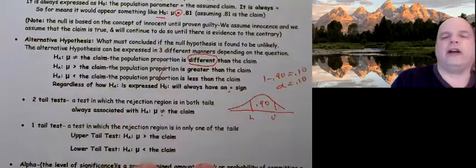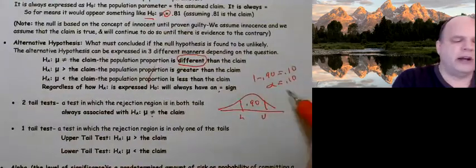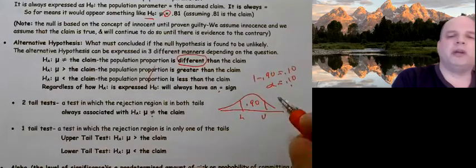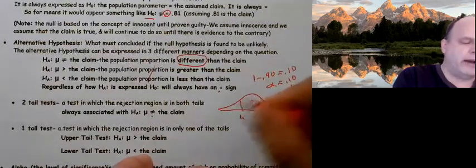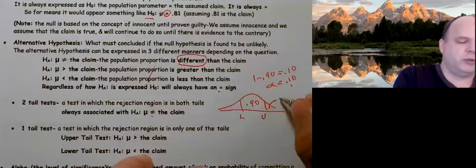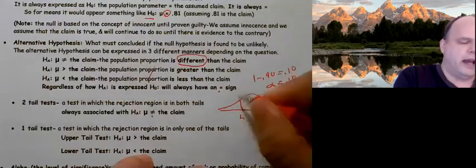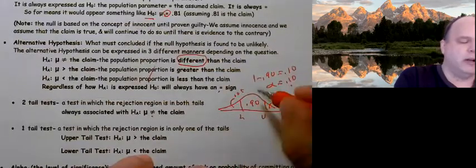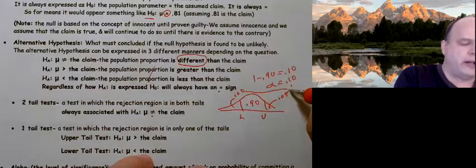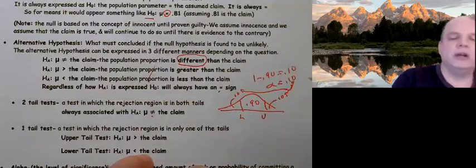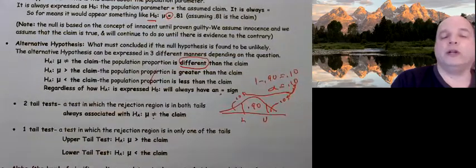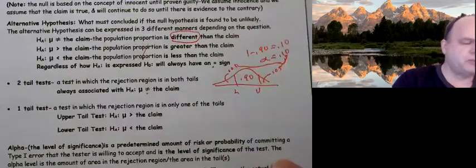Well, alpha is the area in the tails. So my area in the tails is 0.10. But you say, Mr. Spencer, there's half in this tail, which is 0.05, and half in this tail is 0.05. And I say, that's correct. There's half in each tail, but together the area of the tails sums to 0.10. So my alpha level is 0.10. It's split between 2 tails.